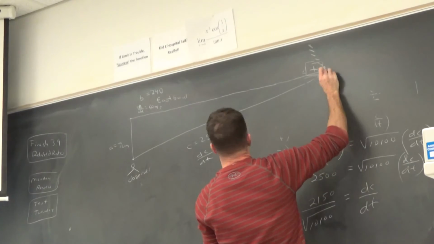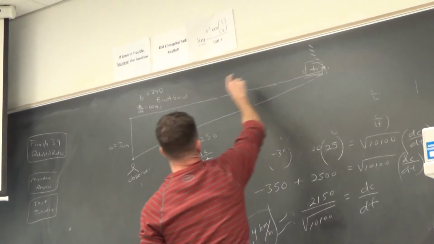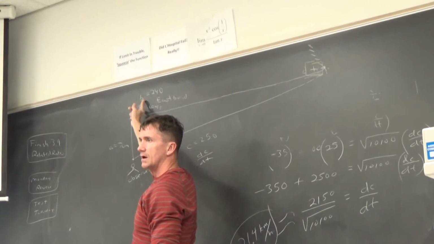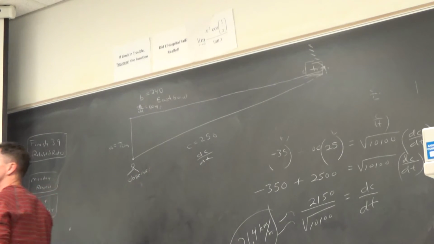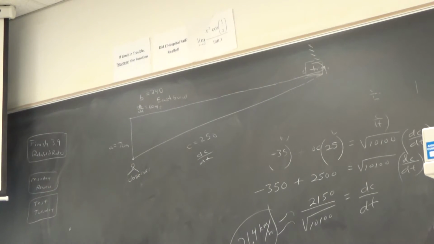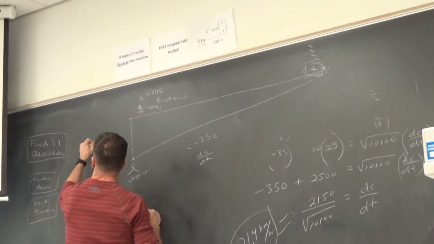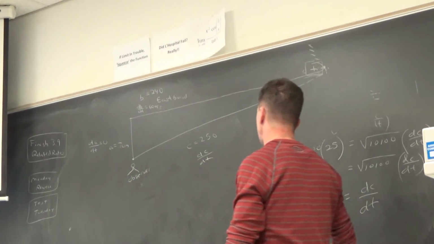B's increasing. Any observations about A? Same. Oh, you are good. See? Here's an image totally different from the ships. The distance A is never changing in this problem. It's always 70. So what's dA/dt? 0. Let's write it before we forget: dA/dt is 0. It never changes. Constant. 70 meters always.